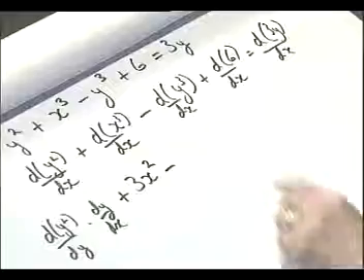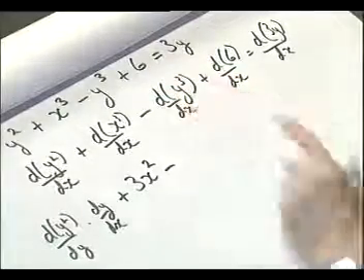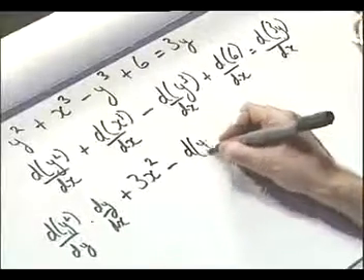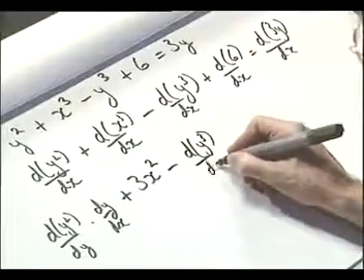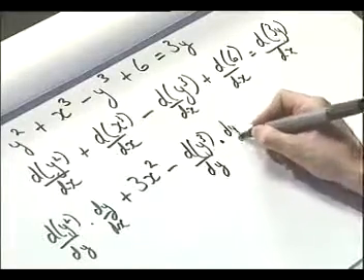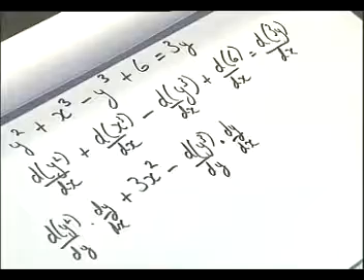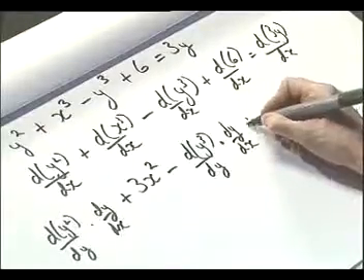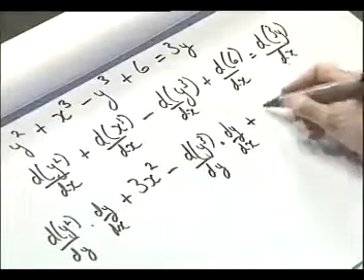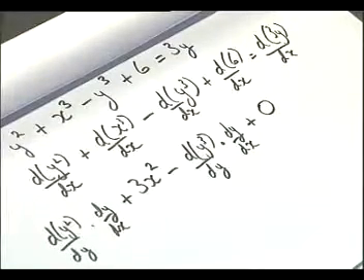Minus, and here again we've got to apply our chain rule. So we've got the derivative of y cubed with respect to y times dy by dx. Plus, now the derivative of 6, well 6 is just a constant, so we know its derivative is 0.